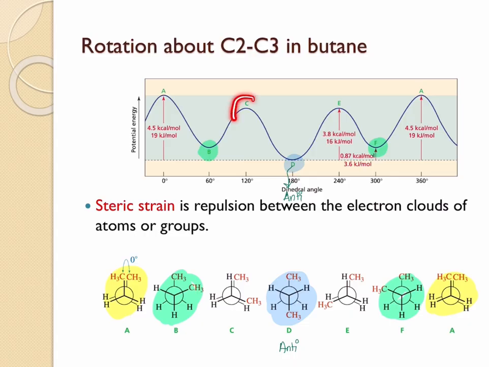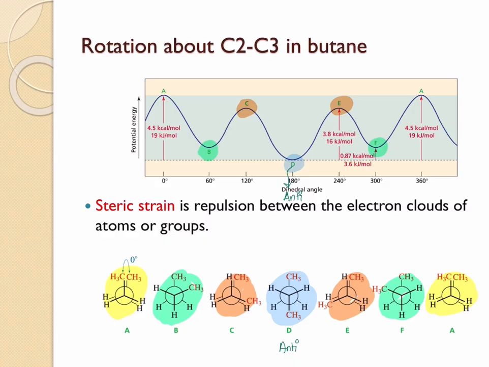So C and E should have exactly the same energy, because the way the different groups are positioned on these 2 conformers is about the same, right? So C and E, they have exactly the same energy.